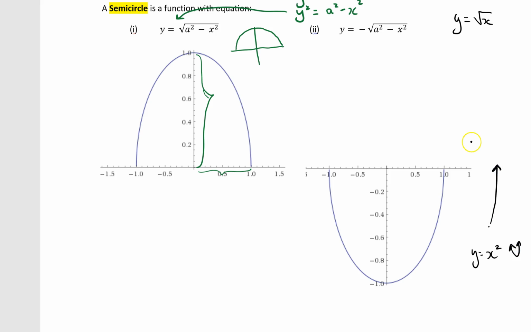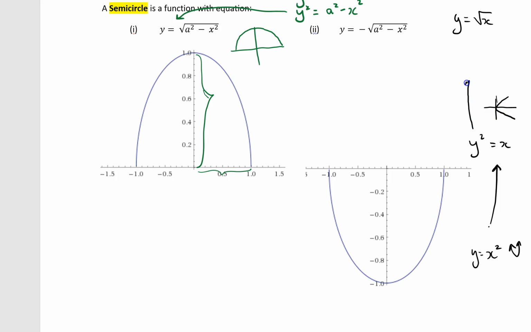When you have y squared equals x, reversing these roles, so x and y just swap, then this is a parabola on its side. x equals y squared is this parabola.